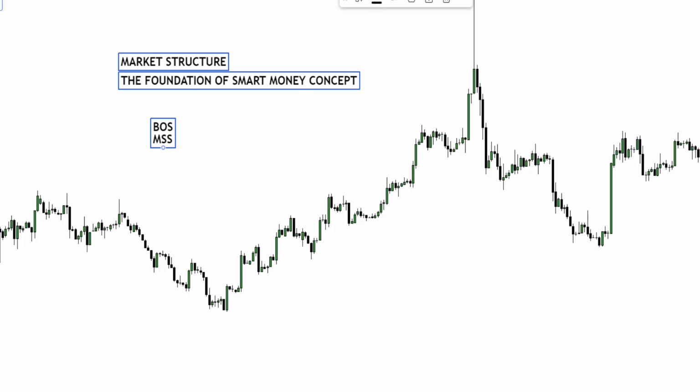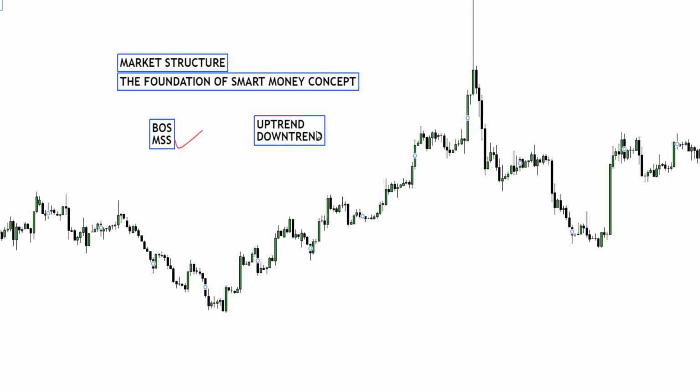So we employ the concept of market structure shift only when we see price changing direction from an uptrend to a downtrend or vice versa. I know some of you that are newbies will really love this video. So let's get into it.